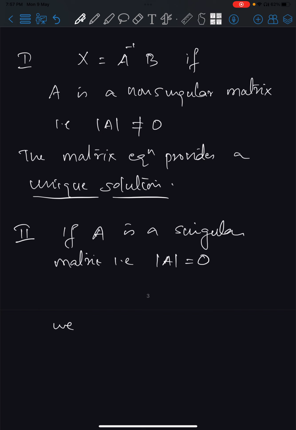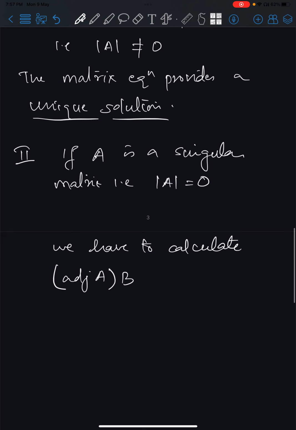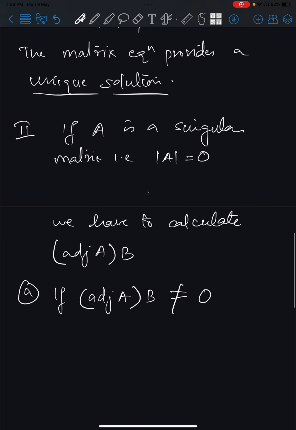We have to calculate adjoint A into B. And then in this case, we check if adjoint A into B is not equal to a 0 matrix, then the solution does not exist.